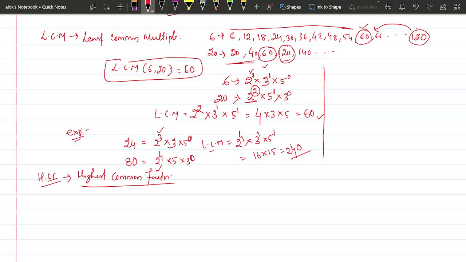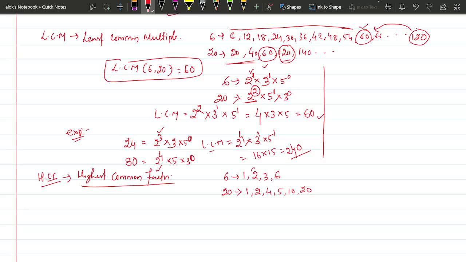So considering the first example, 6 has factors 1, 2, 3 and 6 itself, and 20 has factors 1, 2, 4, 5, 10 and 20.